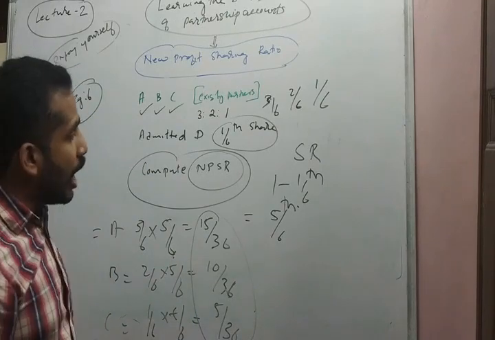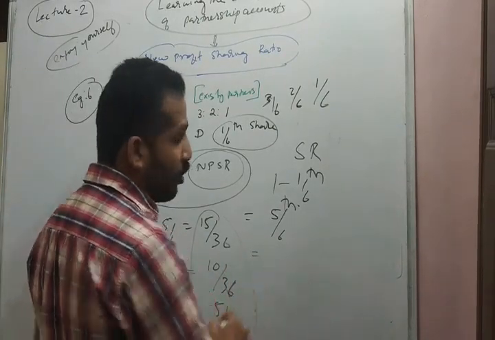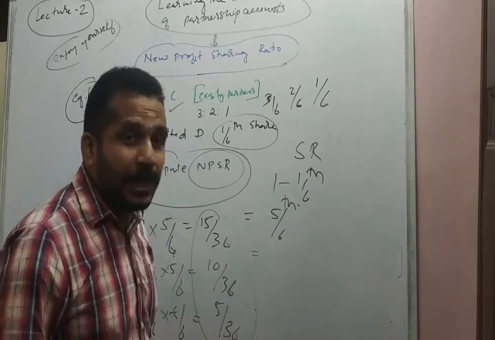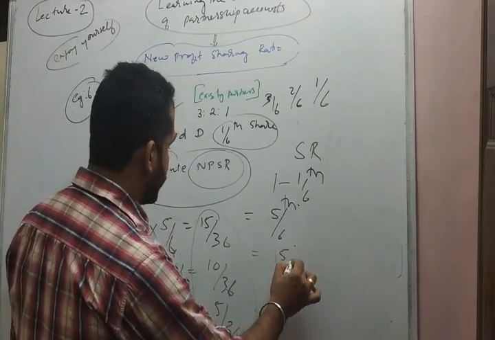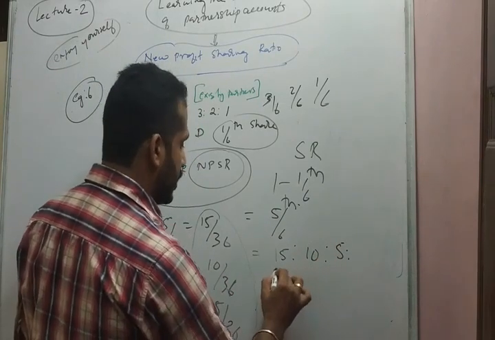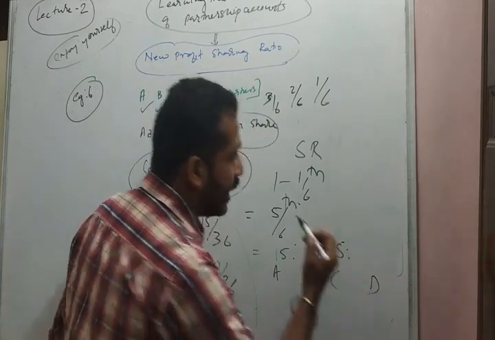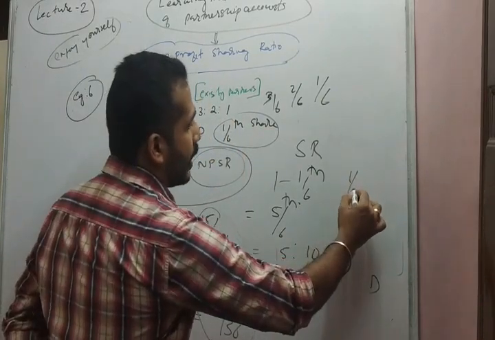So this is the new profit sharing ratio in the case of A, B and C after the admission of D. Now to make it clear, the new profit sharing ratio of all the partners can be written as 15:10:5 for A, B and C, and for D it is already given in the question as 1/6.